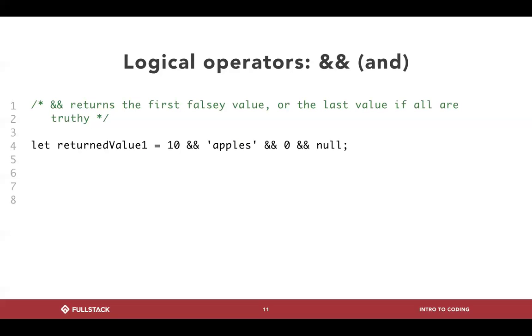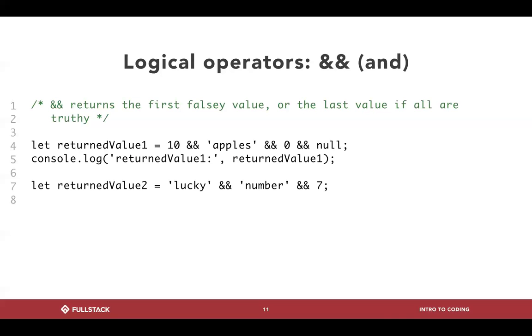So like I was saying, 10 is true, apples is true, and then we hit 0. That's a falsy value, so we would store 0 in returned value 1. If we log out what returned value 1 is, it'll be 0.